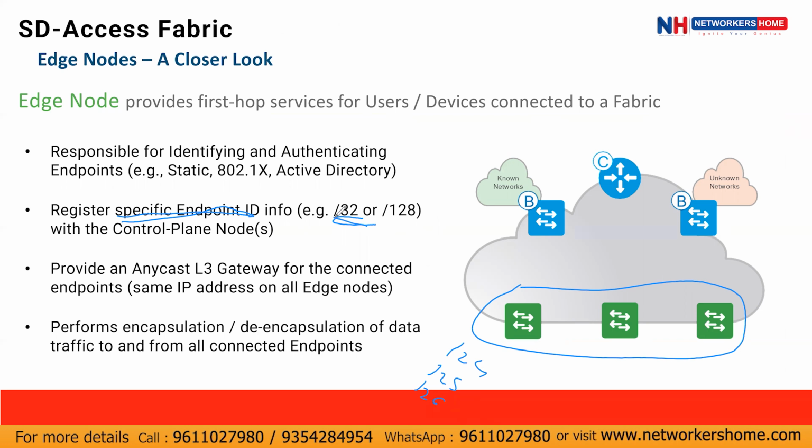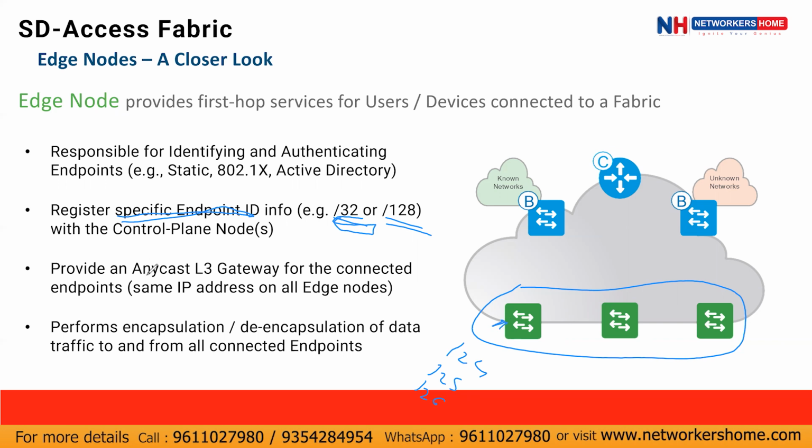Instead of that, it is treated as just a single host. /32 is nothing but a single host, and /128, this is IPv6, so it is treated as a single host connecting on this specific edge node.